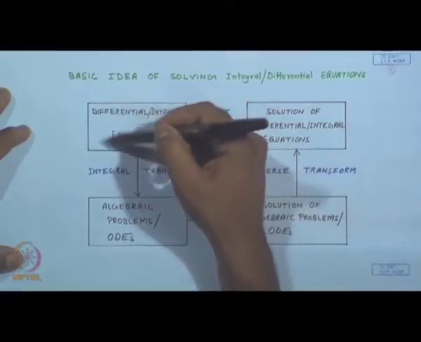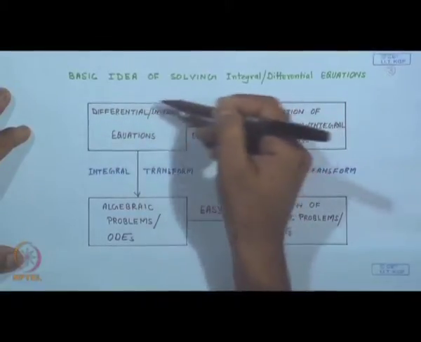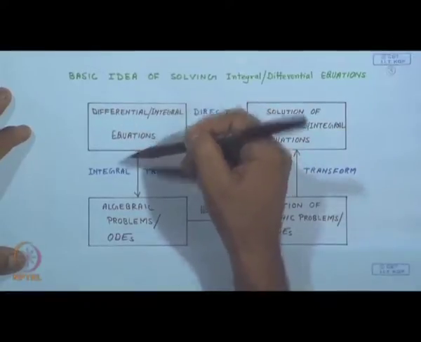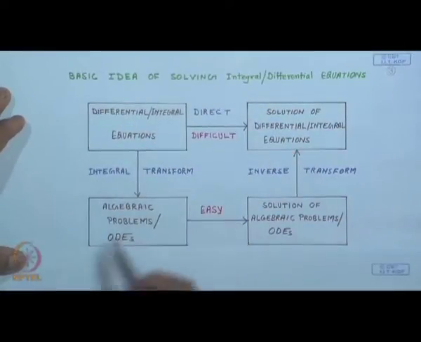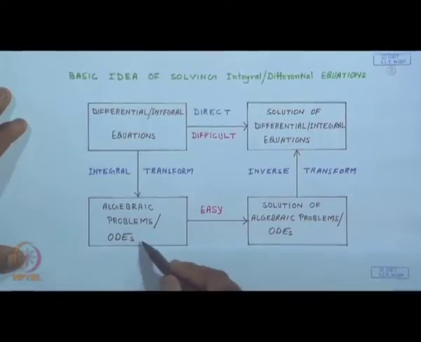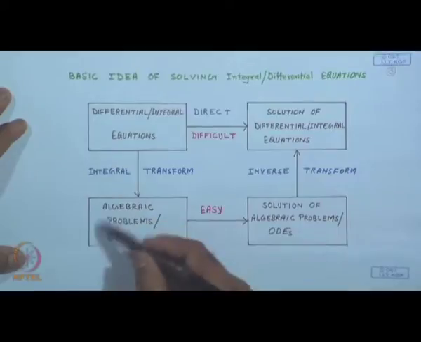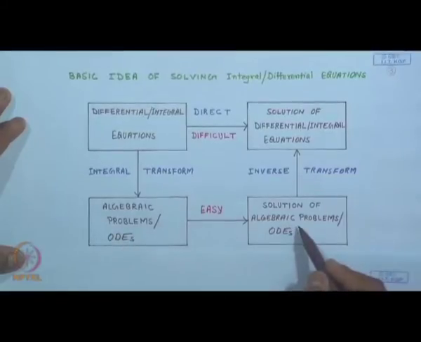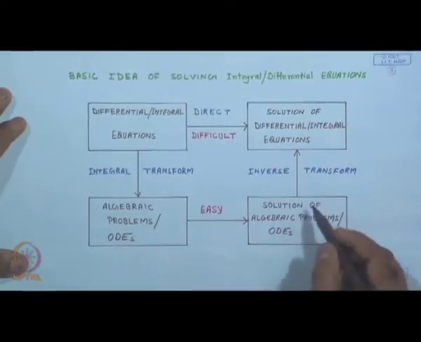Simply, these complicated integral equations or partial differential equations we can convert by the integral transform to algebraic problems or ordinary differential equations, and they are easy to solve. So we can easily get the solution of this transformed system.